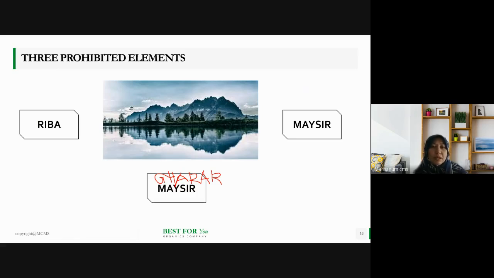What is riba, and why do we say they are not following the Sharia or Islam? Why does Islam prohibit riba? Why can they not charge a certain interest rate on the financing given to the customer? Islamic banks also charge a certain profit rate to the customer. So you have to know why it is not similar.